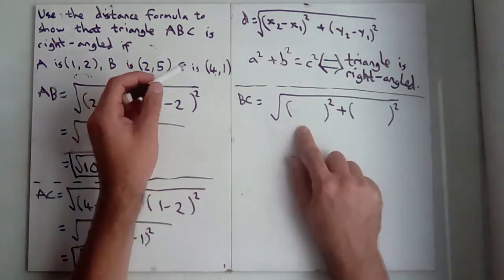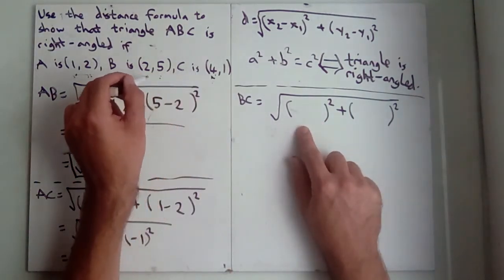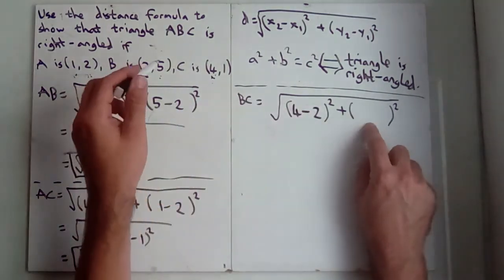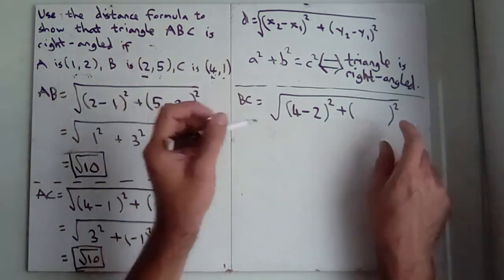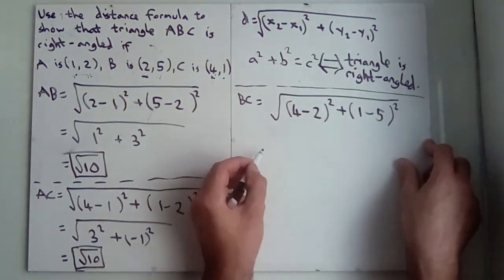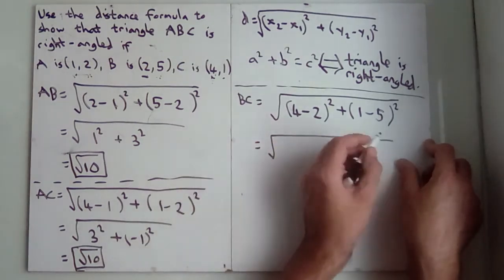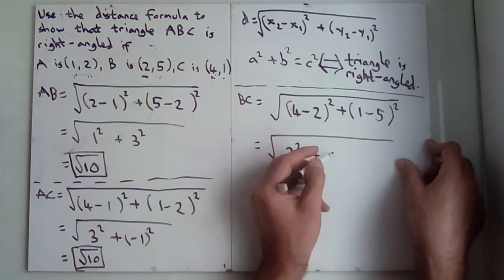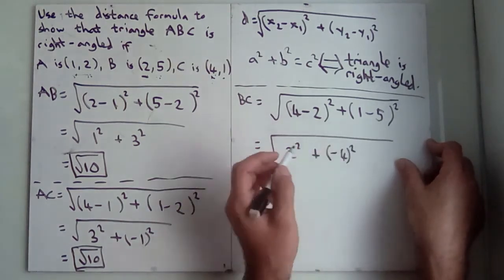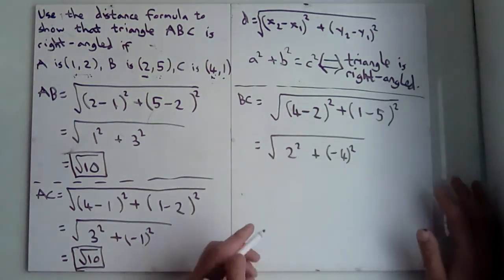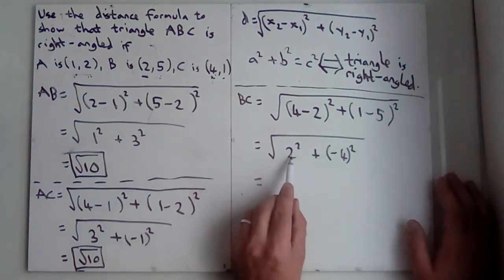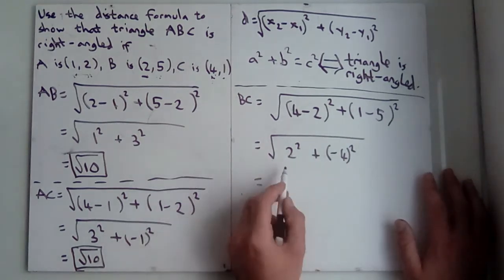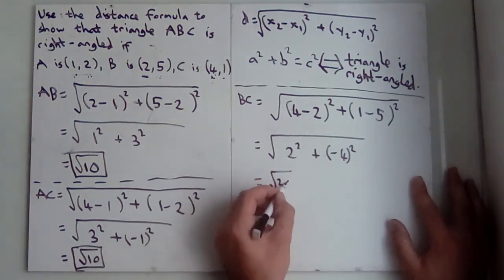So in here we're going to have x2, 4, minus x1, 2. 4 minus 2. Now for the y's, we're going to have 1 minus 5. 4 minus 2 is 2, so 2 squared, plus 1 minus 5 is minus 4 squared. So 2 squared is 4, minus 4 squared is 16, 4 plus 16 is 20, so root 20.